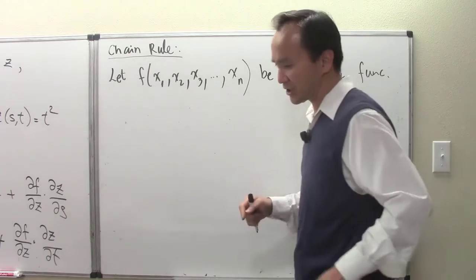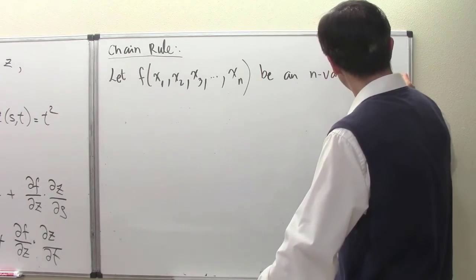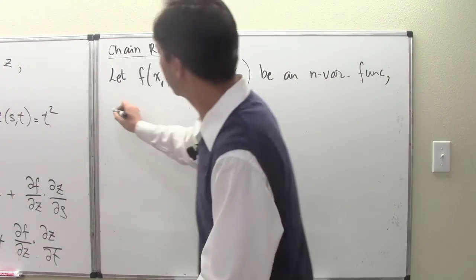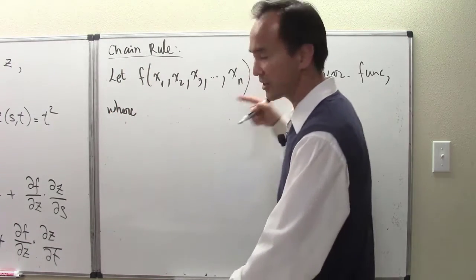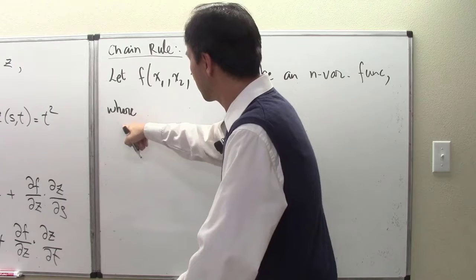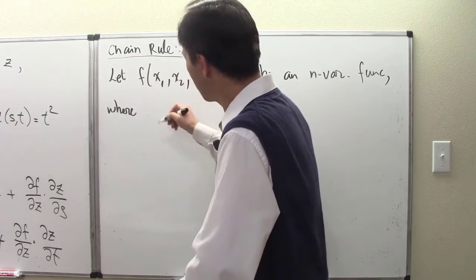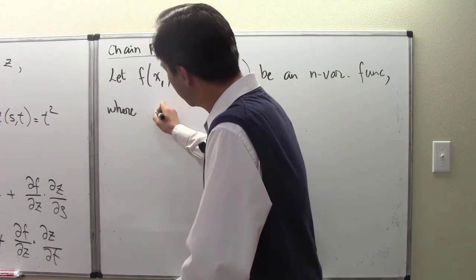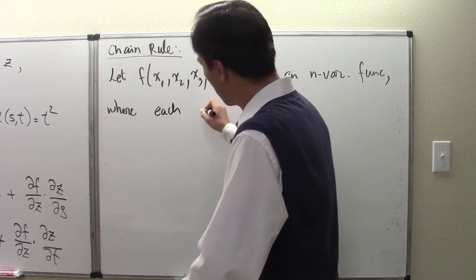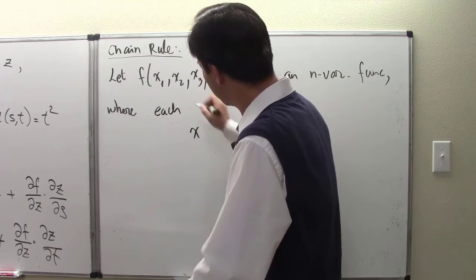So if we have that, but aside from that, each variable here is going to have, on its own, each x of i over here.